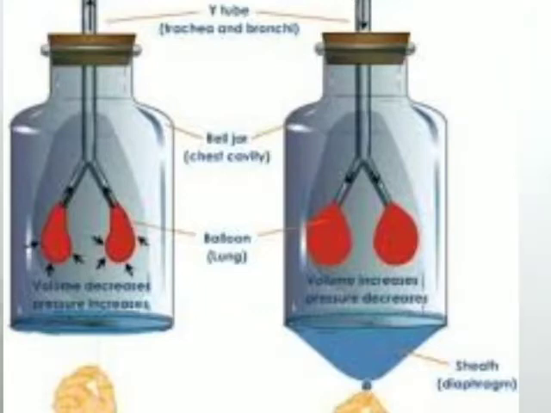Then the large balloon you have to cut into half, and the half portion of the balloon can be fixed tightly around the open end of the bottle. Now this is acting as the diaphragm here, and the 2 small balloons are acting as the lungs, and the Y-shaped tube is the trachea.